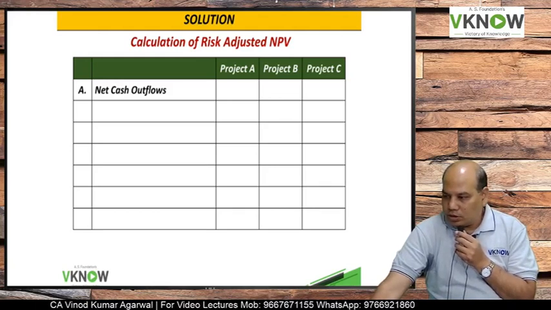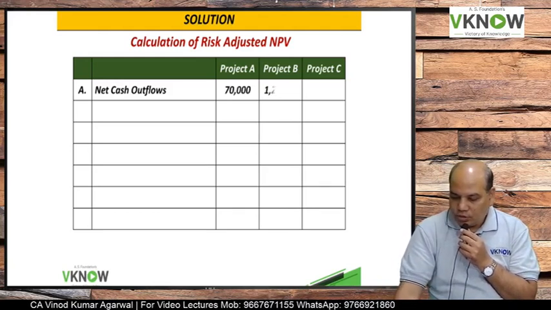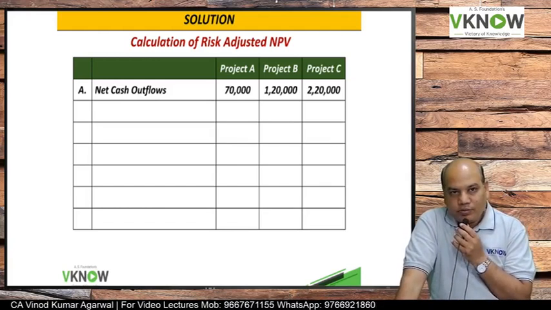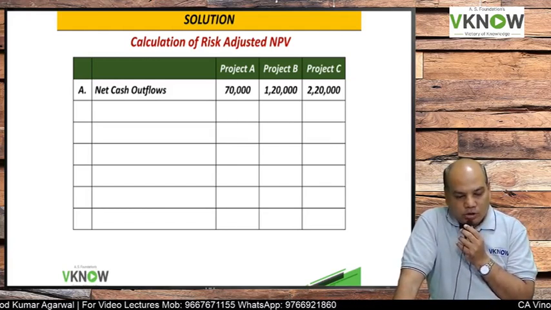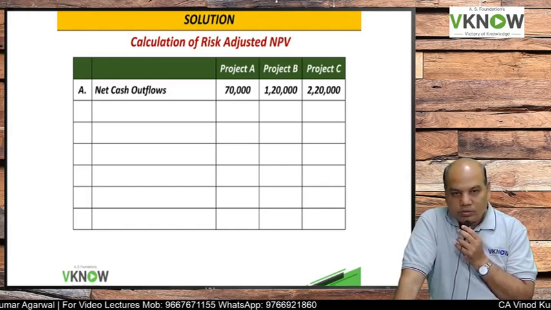So can we start now? If you allow me, write point A, net cash outflow. Copy from the question book.